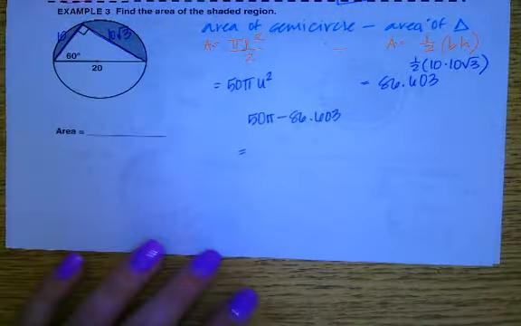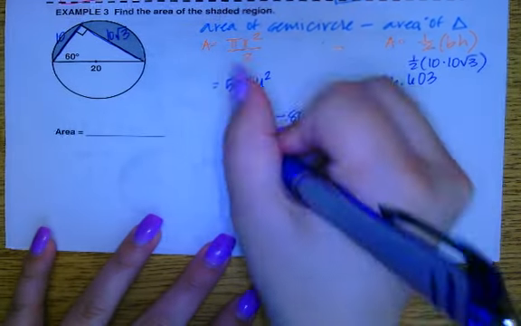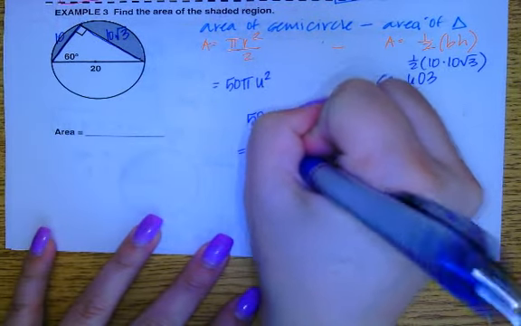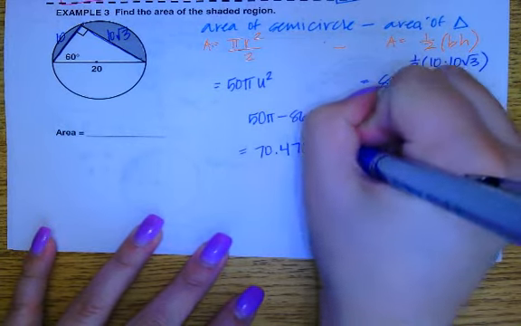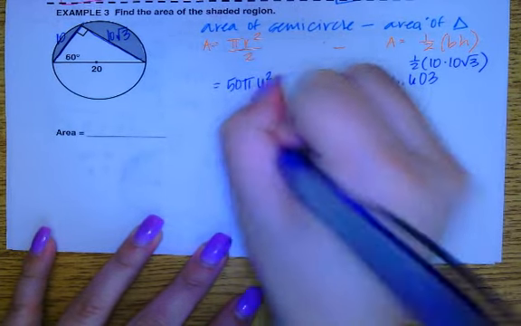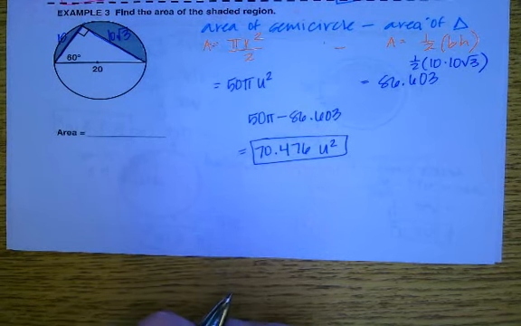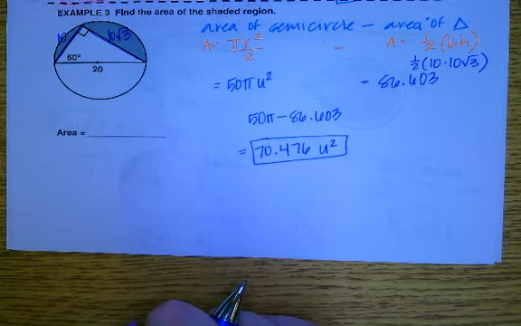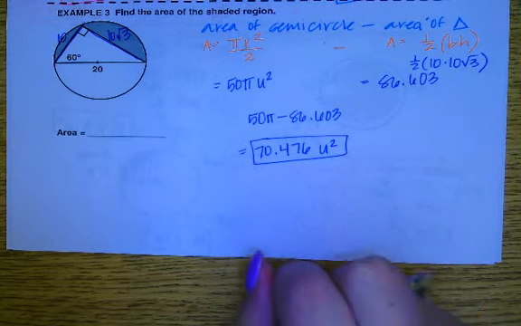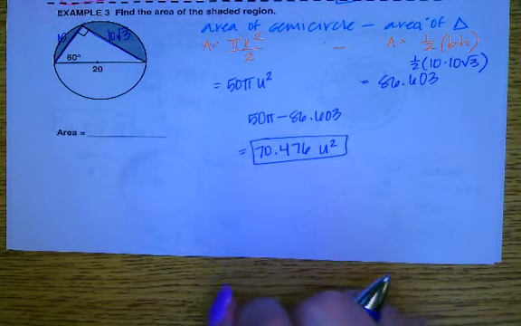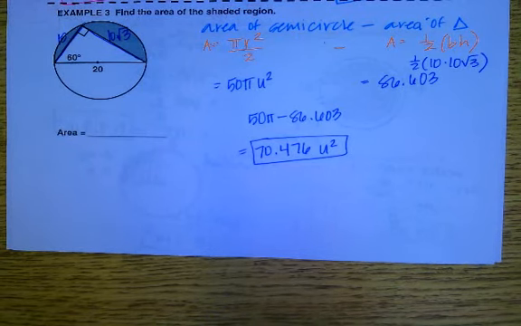Very good. Wait, how come I did it a different way and I got the same answer? How'd you do it? Pi times 10 squared is 100 pi, which is 314.16.